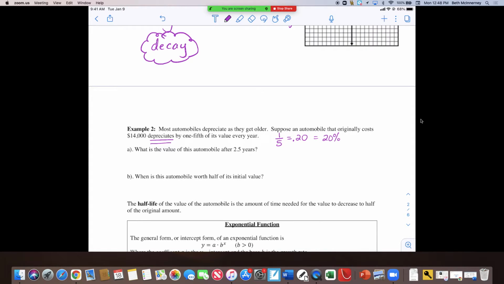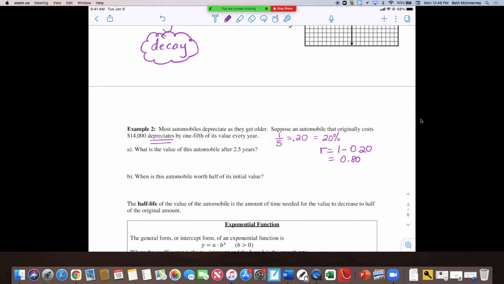Well, we call r the rate, and if it is depreciating, it's going down by 20%. So it's worth 80% of its value each year. Again, the automobile depreciates by 1/5 of its value each year. So if it's depreciating 20%, it's keeping 80% of its value.